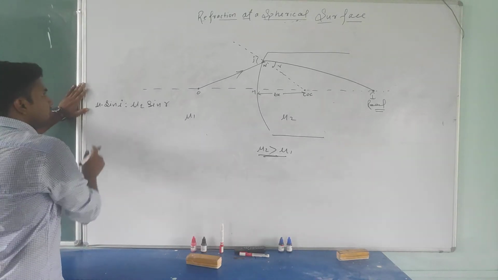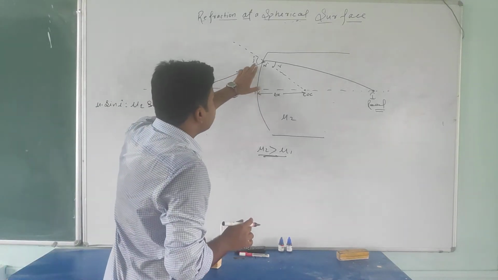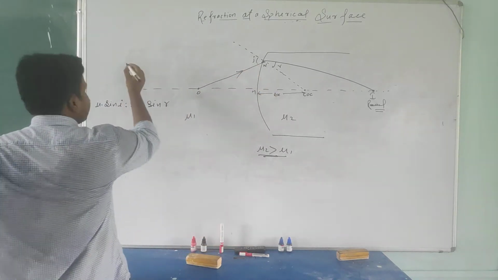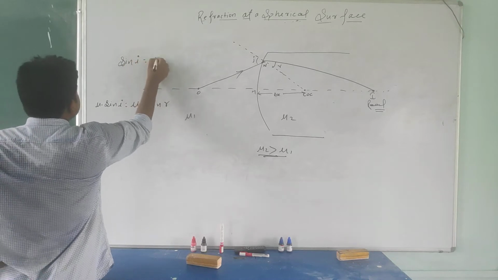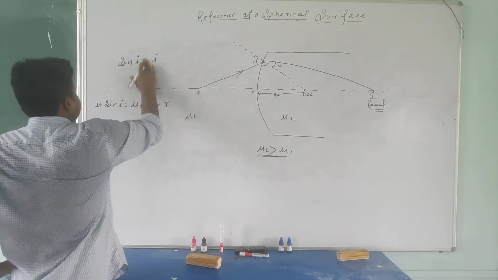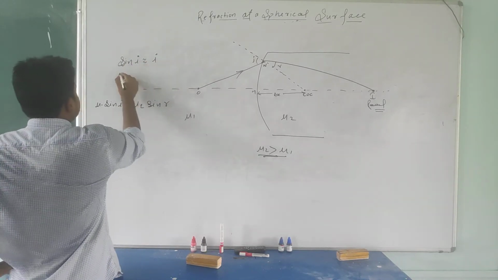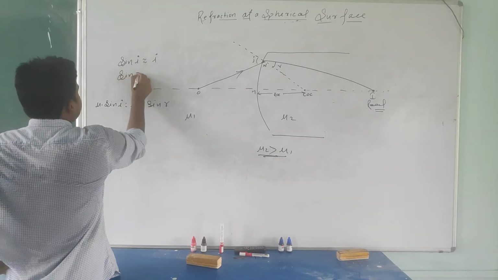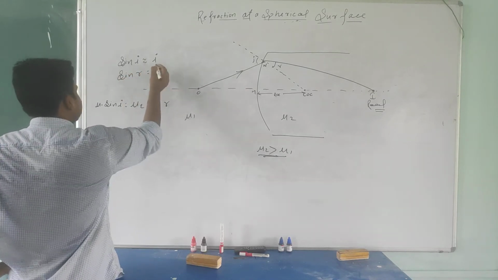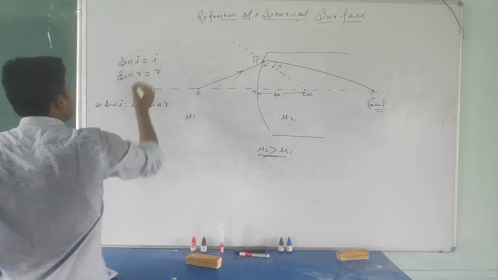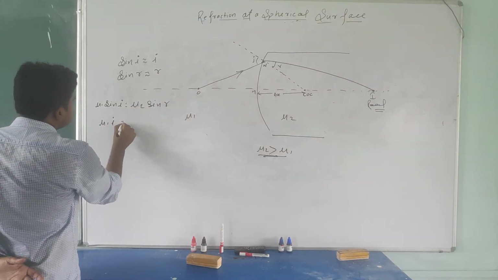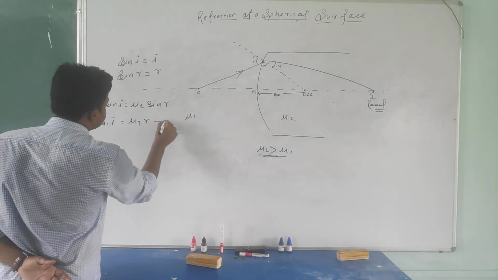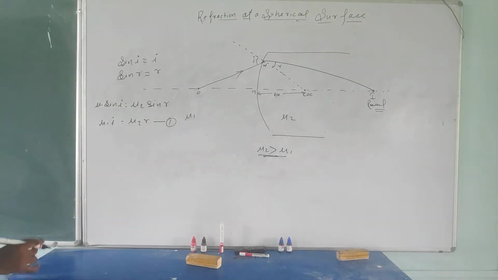What I told you, student, is that angles are very small. So what can we write? sin i equals i, because angles are very small, and sin r equals r. You can easily write this. So now I am writing the relation mu1 i equals mu2 r. This one is the first equation.